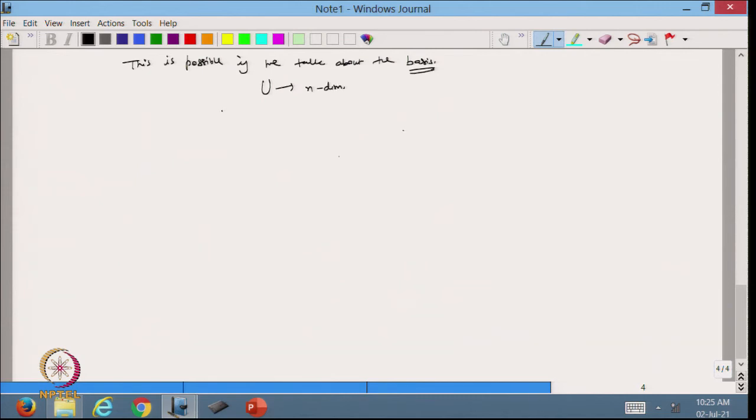Then suppose I have a basis U1, U2 up to Un. So this set is the basis of vector space U.